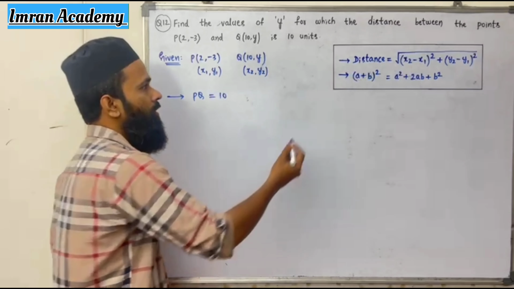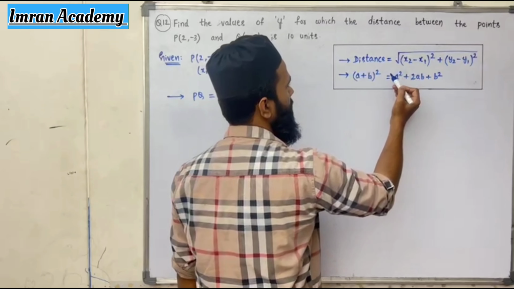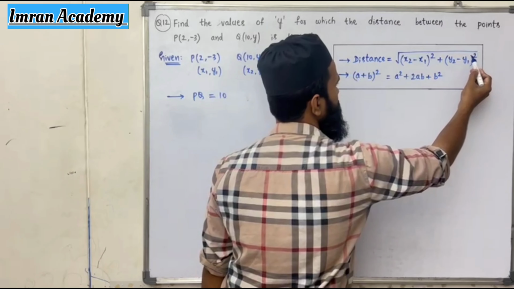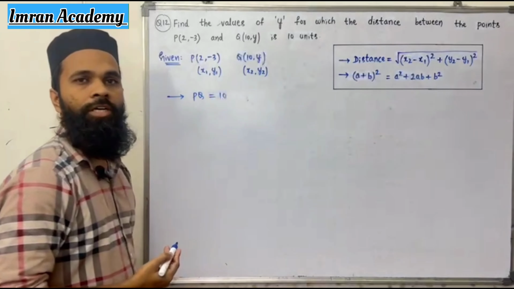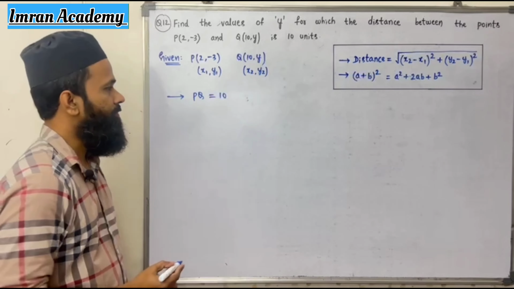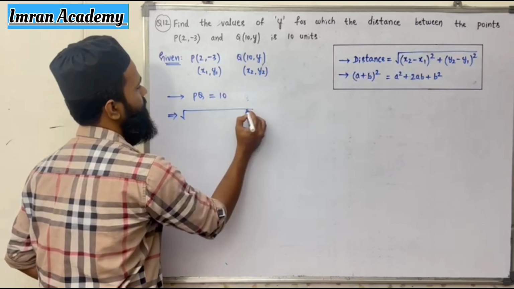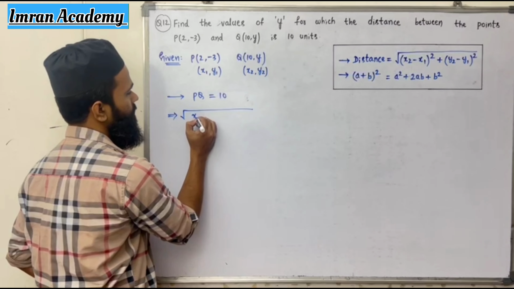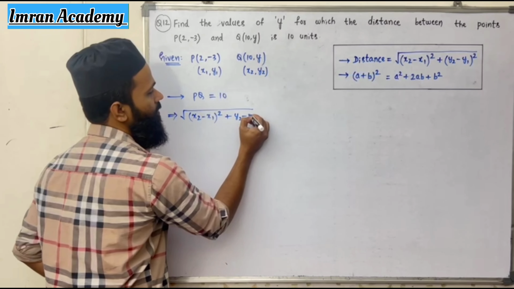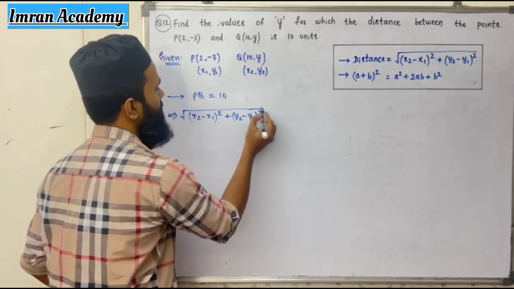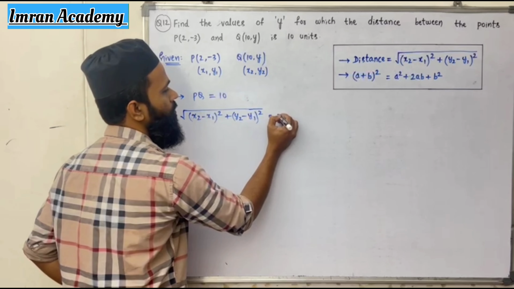We know distance is equal to the square root of (x2 minus x1) whole square plus (y2 minus y1) whole square. Apply the distance formula. It implies square root of (x2 minus x1) whole square plus (y2 minus y1) whole square is equal to 10.